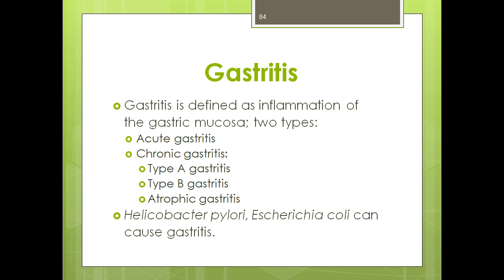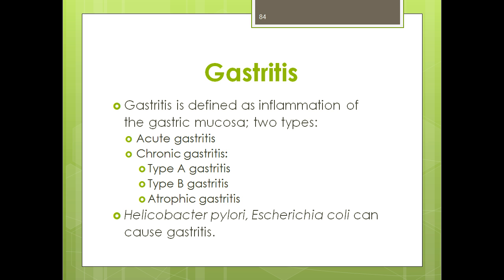The first disease process that we're going to discuss is gastritis, which is mainly just the inflammation of the gastric mucosa. You will have what they call acute gastritis, the description of which is the early pathologic manifestation. And then you'll have chronic gastritis, which appears as a patchy, diffuse, or spread out inflammation.